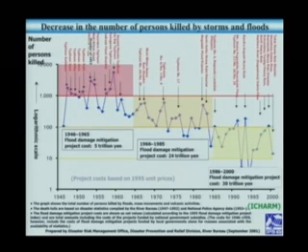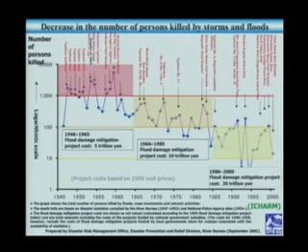And this graph shows the time horizon, and the y-axis shows the number of persons killed.